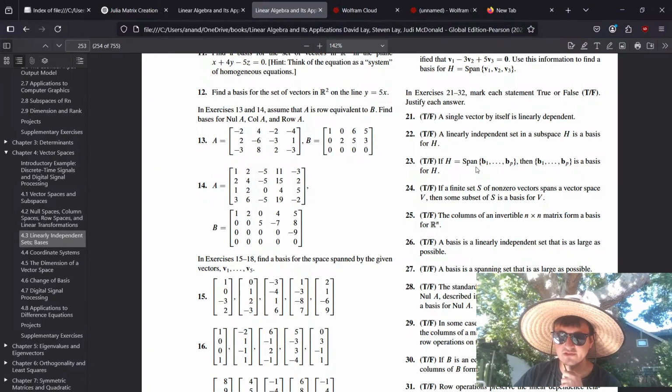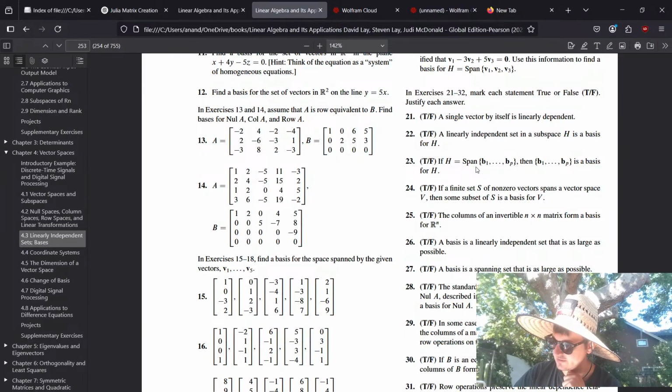If H is equal to the span of b1 through bp, then bp is a basis for H. No, because it's not necessarily linearly independent. False. b1 to bp is not guaranteed to be independent.